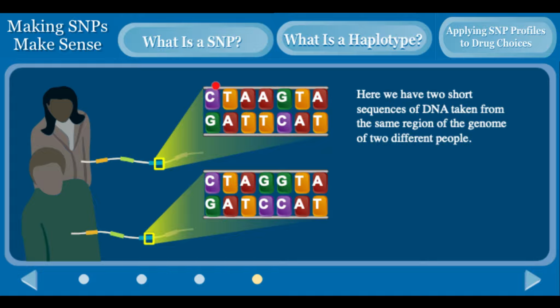Take a look. CG here, CG here, TA here, TA here, AT here, AT here, AT, but here, in this individual, we see substitution of adenine with guanine, and this also leads to substitution of thymine with cytosine.